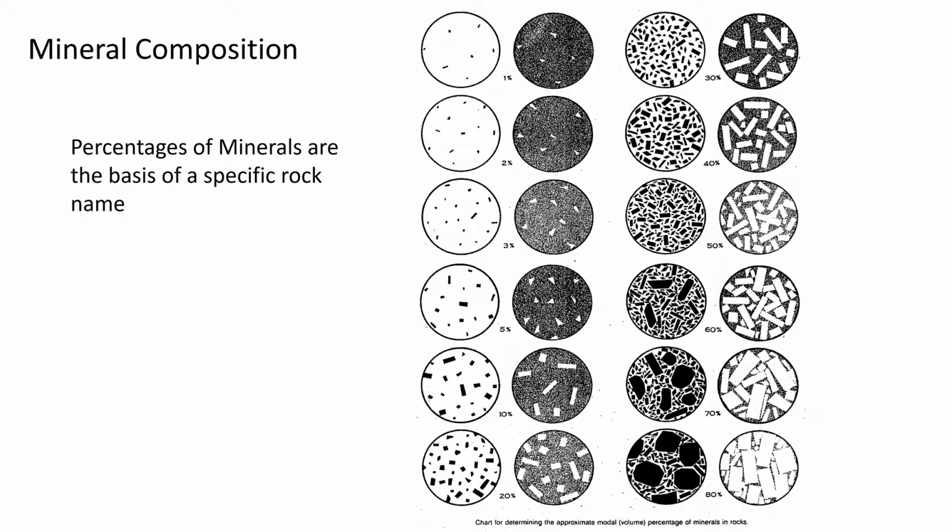Generally, the human eye is not very good at identifying percent composition, especially in the lower ranges, less than, say, 20%. So again, please spend some time looking at this diagram to familiarize yourself and train your eyes to understand what these different percentages would actually look like.